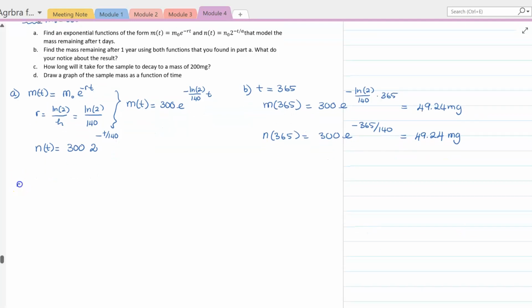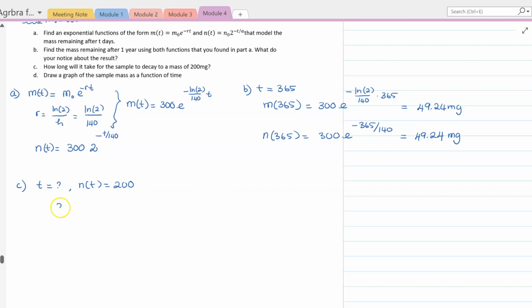So part C: how long will it take for the sample to decay to a mass of 200 milligrams? So we want to calculate T for N of T equal 200. Okay, so I go ahead and use the second formula.